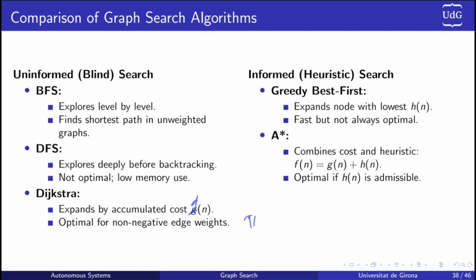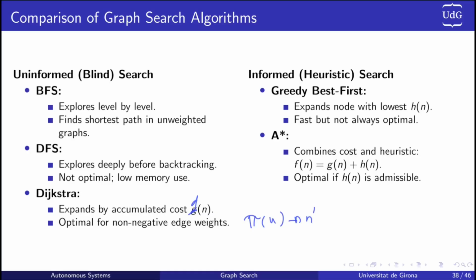All of them compute this pi function that tells us, from node whatever, to which node I have to go. And this is always the inverse path.